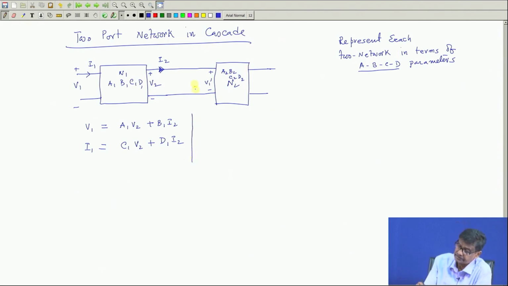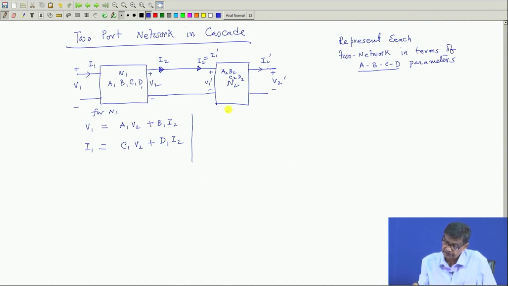Now, this is for N1. For the second network, the input current is, suppose, I1 dashed, and the input voltage is V1 dashed, and the output voltage I will write as V2 dashed and the output current as I2 dashed.